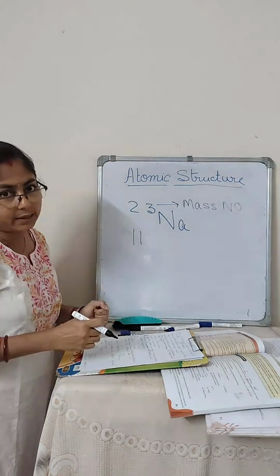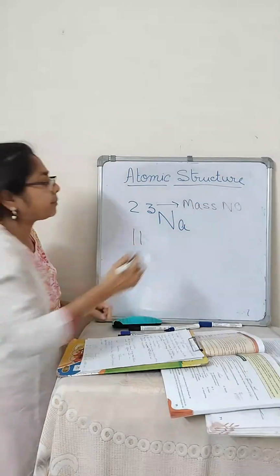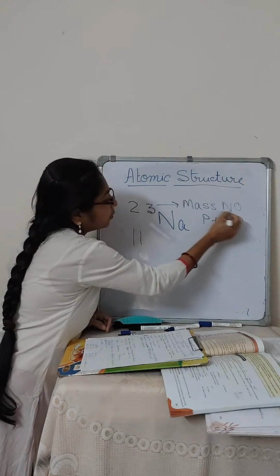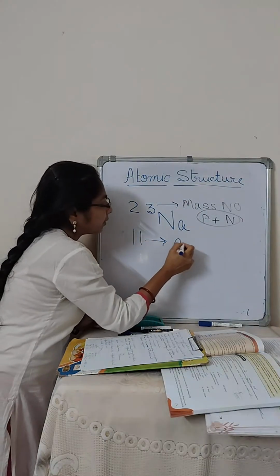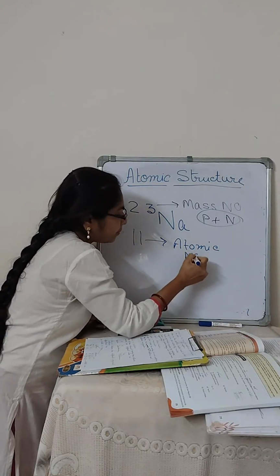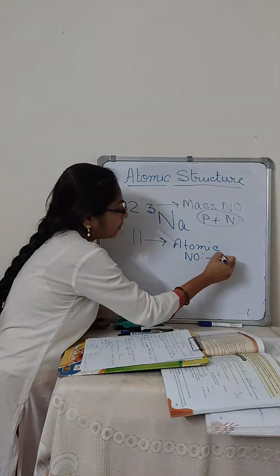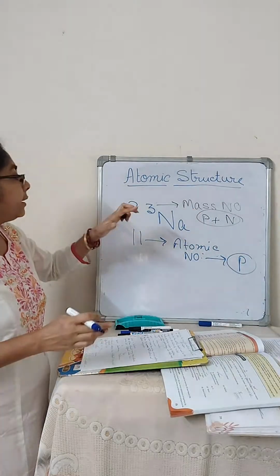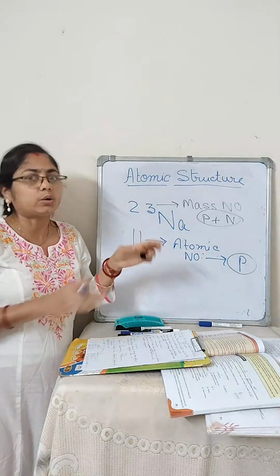Yes, proton and electron numbers are same. 23 is the mass number. It is proton plus neutron. 11 is the atomic number. Atomic number is only proton numbers. Clear?